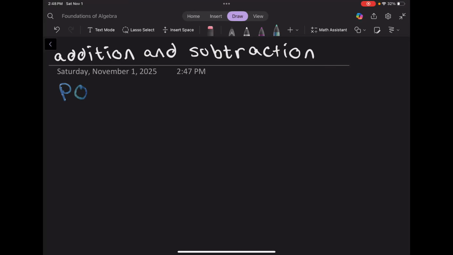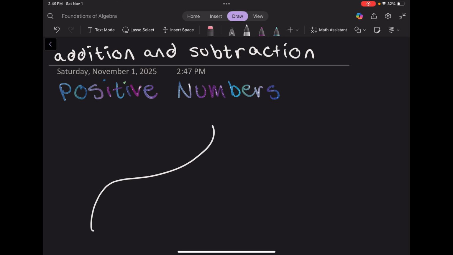Hello everyone, so I am going to be teaching you how to add and subtract positive and negative numbers. So positive numbers is what we're going to begin with, and the analogy that I'm going to be using is imagine we're playing Candyland or some kind of board game, and we have all of these spaces.